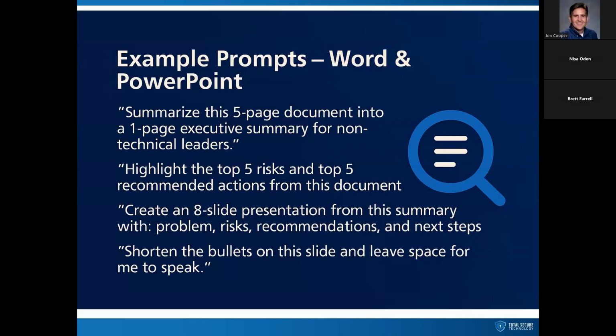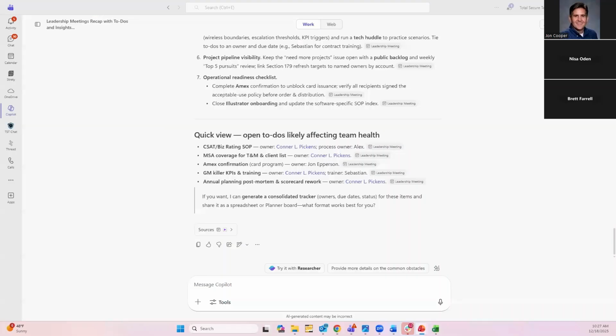So once you've got the PowerPoint up, right, you can use Copilot to ask it to change the slides. I'm going to give you an example of that right now, okay?